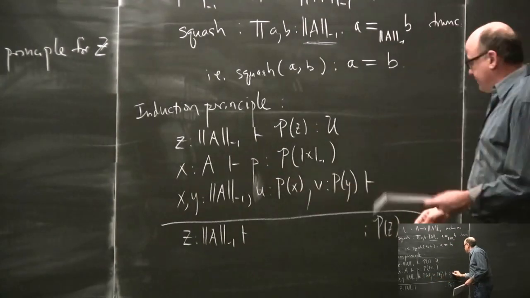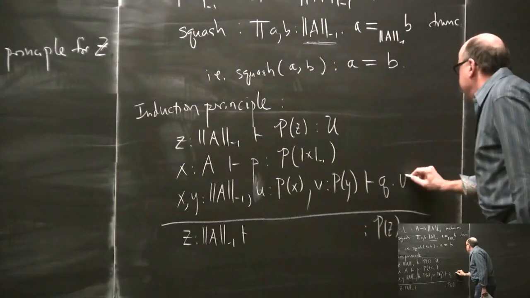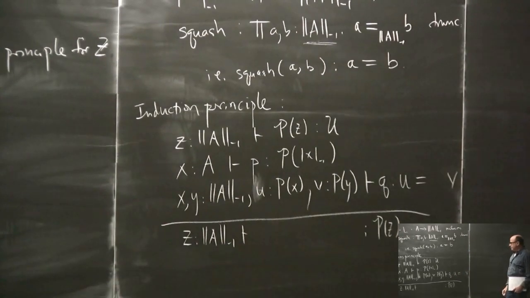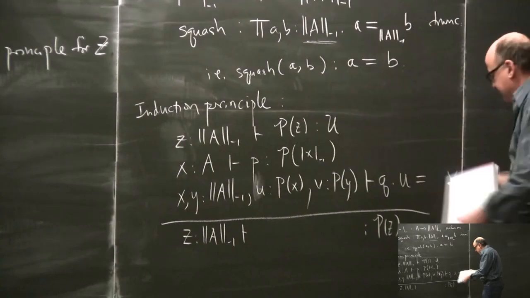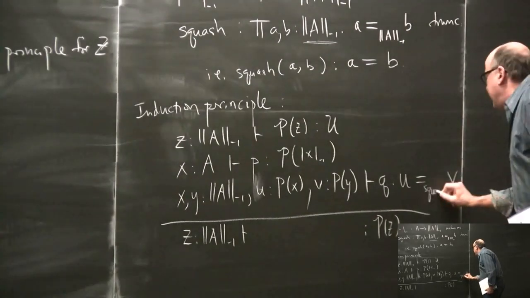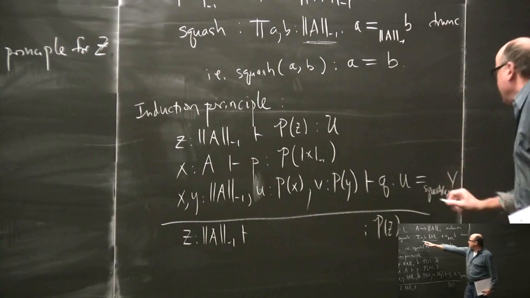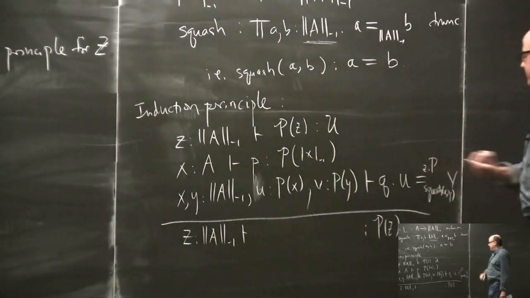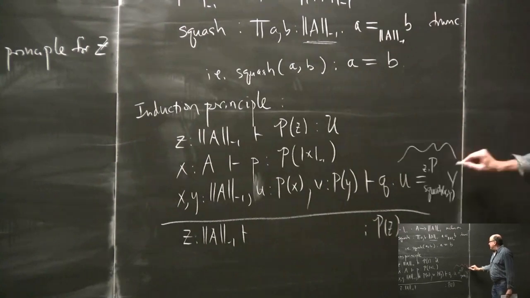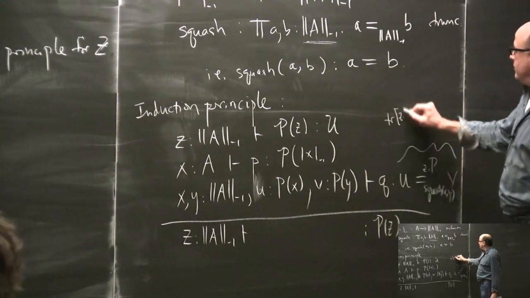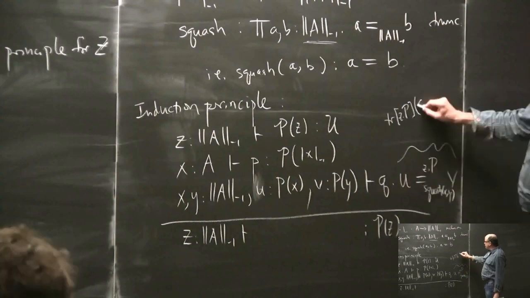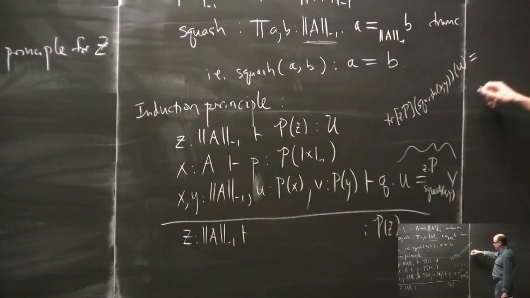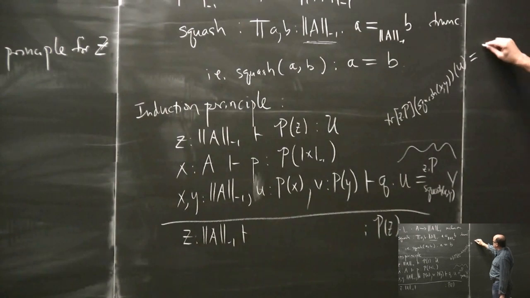So there should be some Q, which can be written as U is equal to V, but then we get the usual problem: those are different types, so we don't really mean U is equal to V. What we mean is that this is really over the path squash x y, which is one of the basic paths that you have here, with respect to P. I write it as z dot P, which by definition means that if I transport with respect to P along squash x y, and transport U along that, then I should get something which is equal to V.